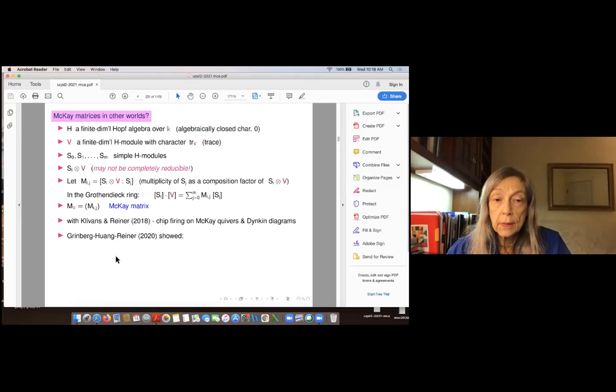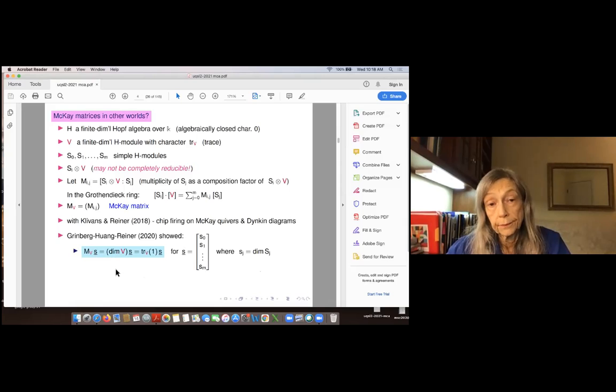Vic Reiner continued this idea with Grinberg and Huang and showed that if you take the vector of dimensions of simple modules, you always get an eigenvector, and the eigenvalue is the dimension of V, i.e. the trace of the identity.